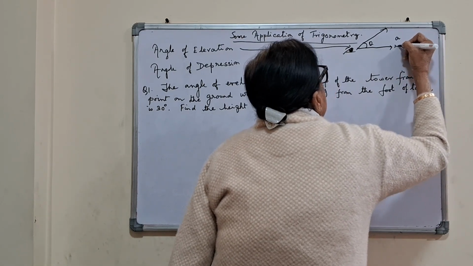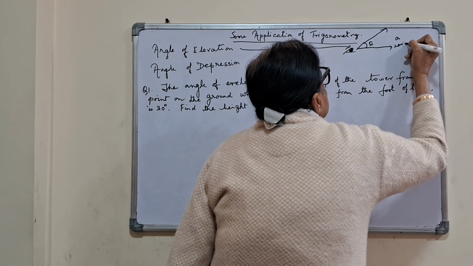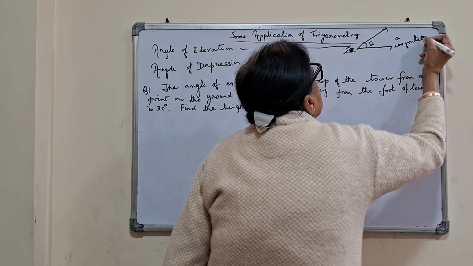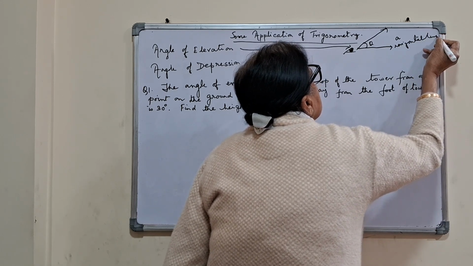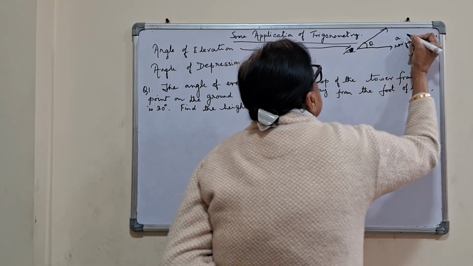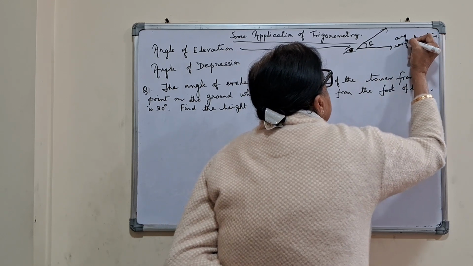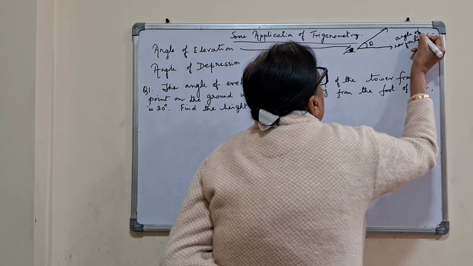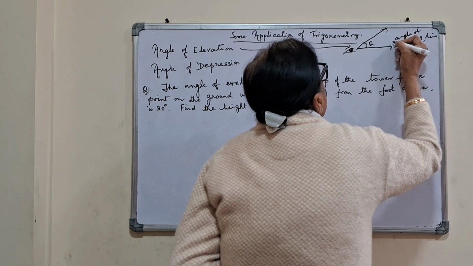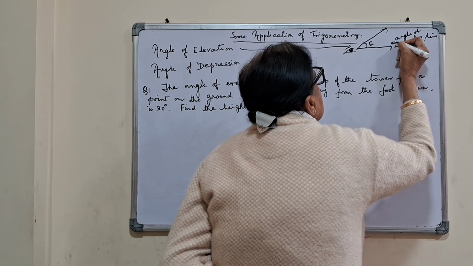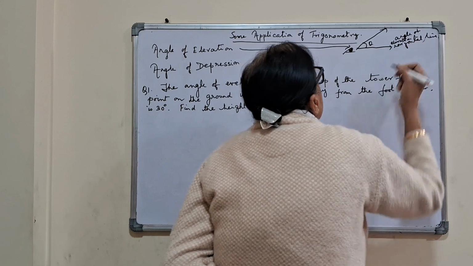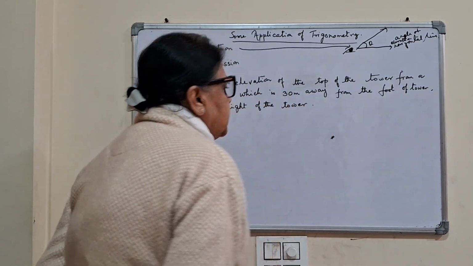This is the horizontal line. Okay. Now, angle of depression.